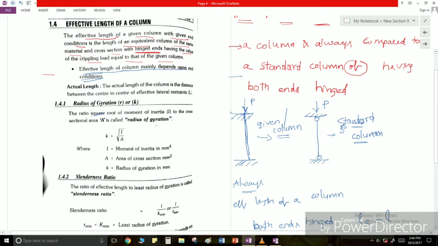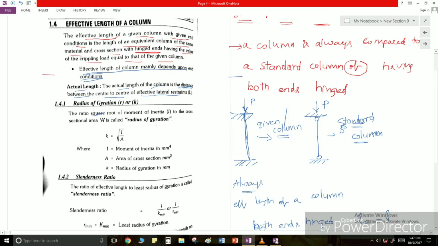So then what is actual length? Actual length is not that vital in this topic, but let's discuss it. The actual length of a column is the distance between the center to center of the effective lateral restraints.